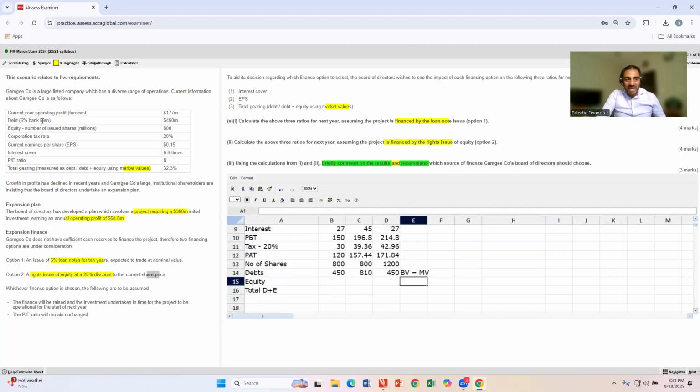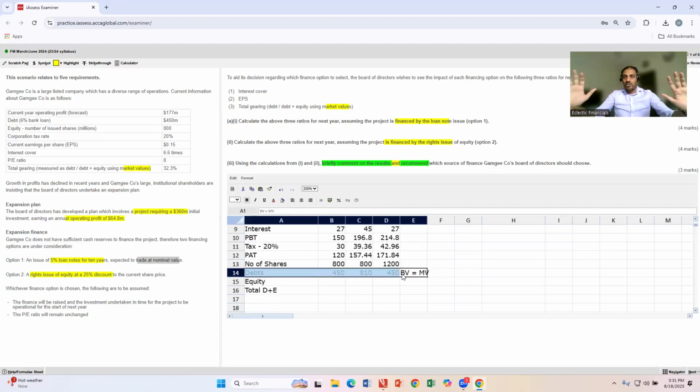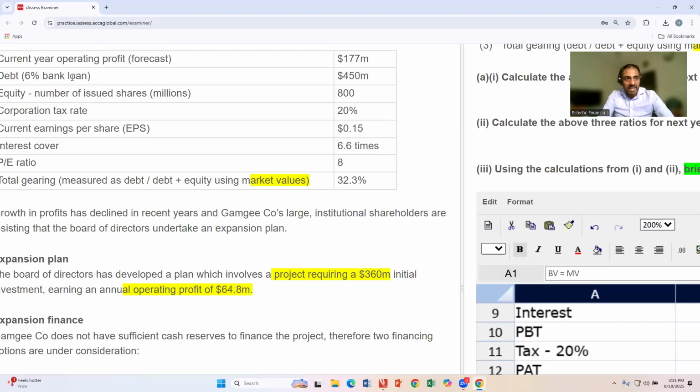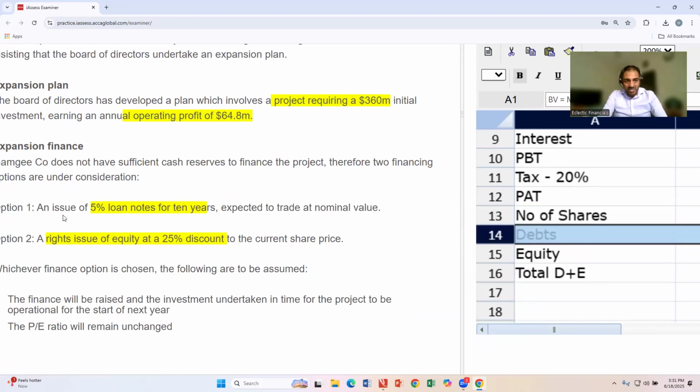Because here the existing debt is a bank loan, and the new debt, although it's a marketable loan note, trades at nominal value.